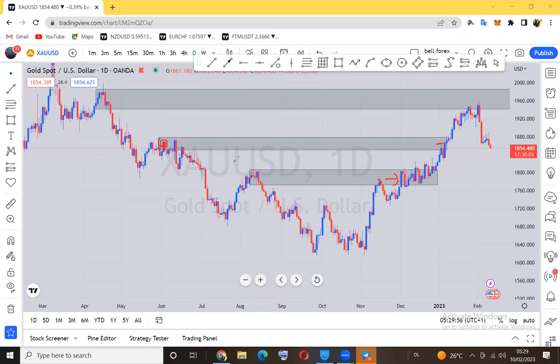And now, when gold was approaching our next structure, the price action was good enough because as price begins to approach, it begins to decrease in momentum. Like when price, look here for example, approached the second zone, most of the candles were blue, and even the last 2 candles that went into the zone were even longer than the previous 2 candles.